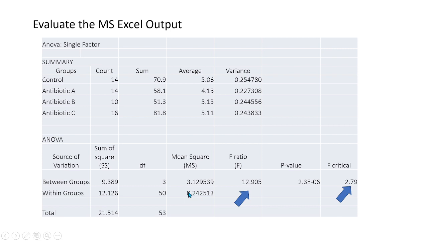The mean square within groups was obtained by dividing 12.126 by 50. And the F ratio was obtained by dividing MS between groups by MS within groups. So 3.129 divided by 0.2425 equals 12.09. The F critical was obtained from the table, which we have shown to you earlier. So now we are going to compare the F ratio and the F critical values.